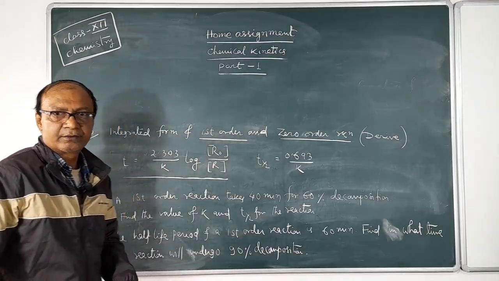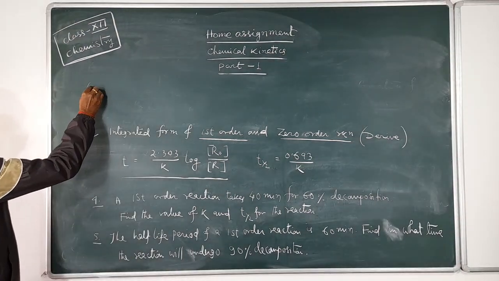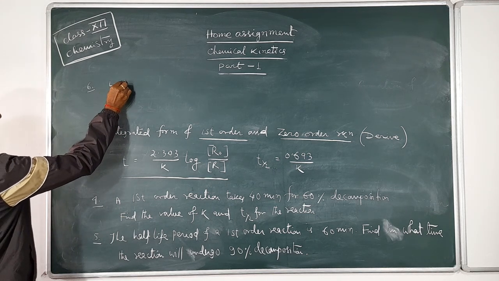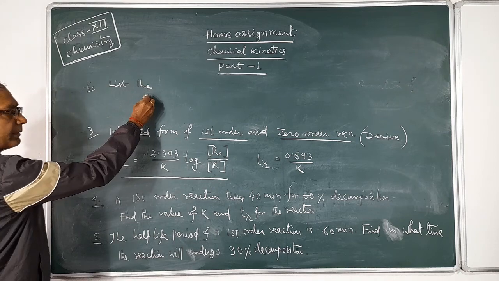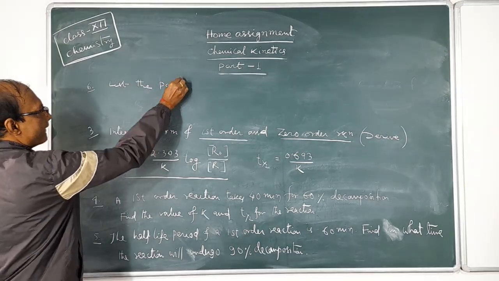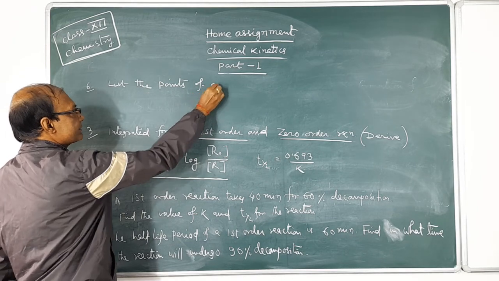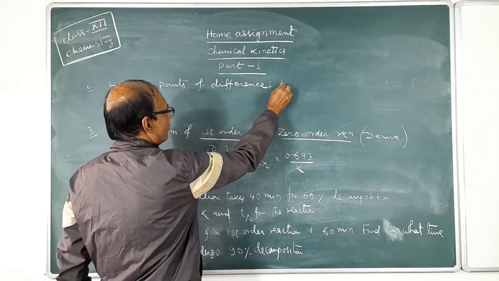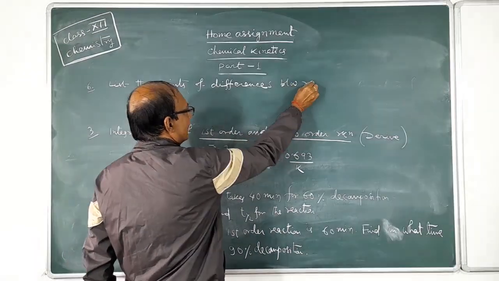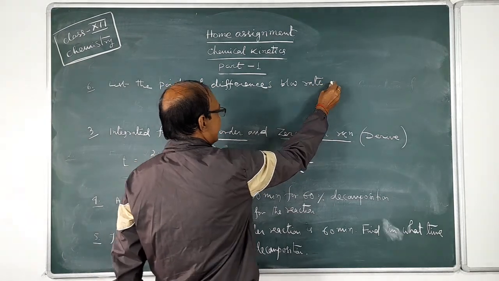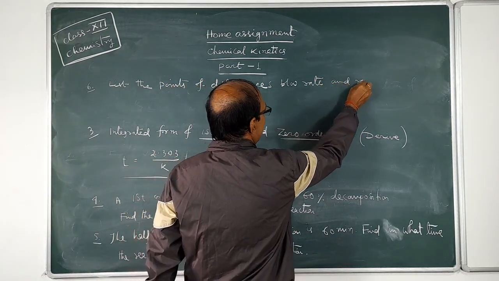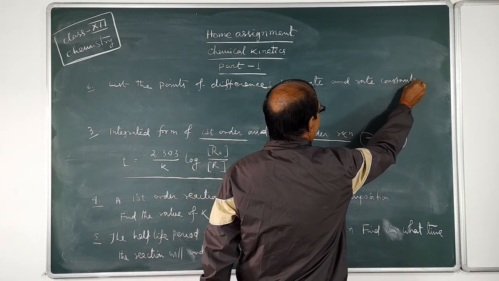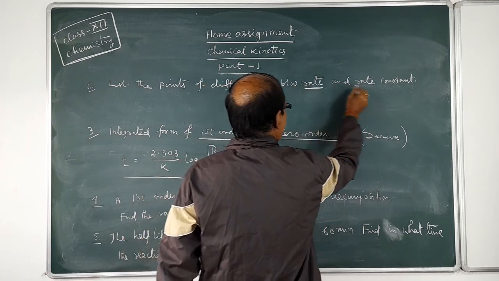Now question number 6, you will write: list the points of differences between rate and rate constant.